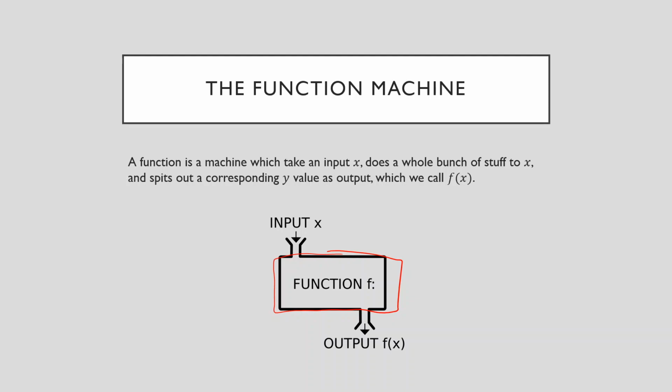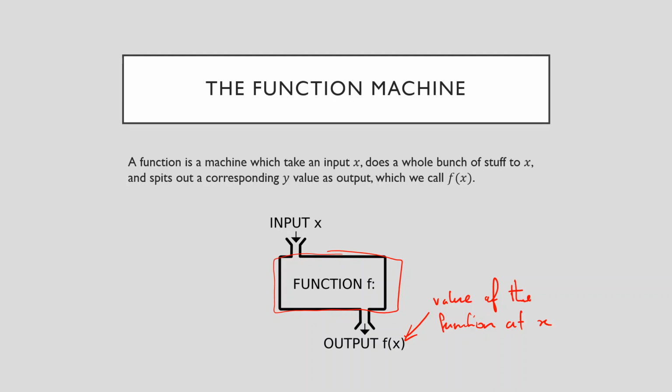That is what we say is the value of the function at x, which you can just write as f of x. What that means is the function has a specific value when you give it a certain x input, a certain x value.